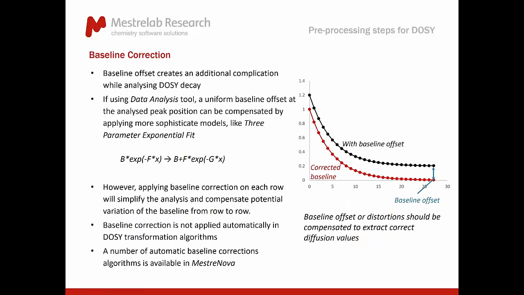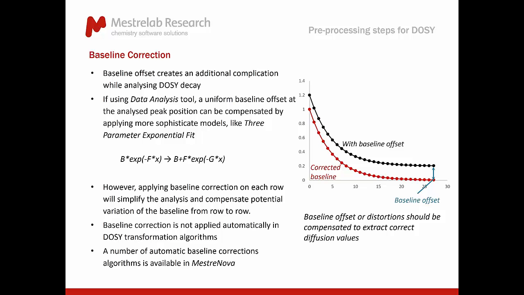Right, so at this point I will switch gears a little bit and we'll start to talk about how to prepare data for DOSY to get the best results using one of these two methods, Bayesian transform or peak heights. There are a number of experimental imperfections which affect DOSY transformation quite significantly. One of the major ones is the baseline offset.